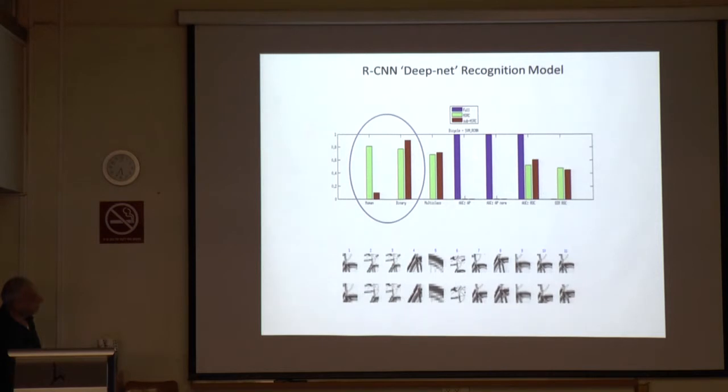But if you look at the accuracy of recognition, on this graph, blue shows the correct recognition of full images, namely, after being trained on bicycles, you show the model new bicycles that it has not seen before, and the recognition rate is close to 100%.